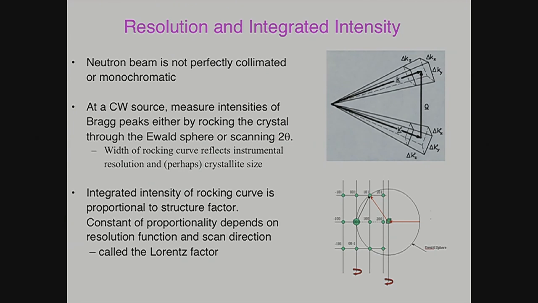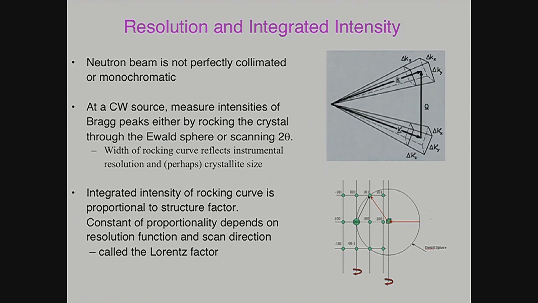The point I wanted to make here is that even when you're doing diffraction, to measure the intensity of a Bragg peak, you don't just put your detector at one angle and your incident neutron coming in with one wavelength and one angle. You have to scan through the Bragg peak, right?